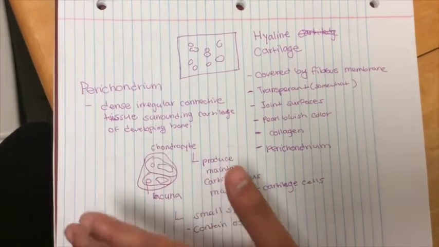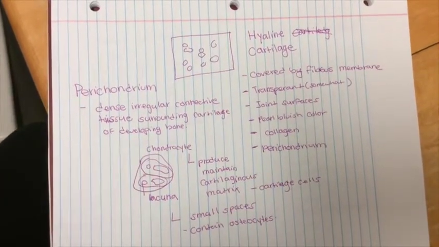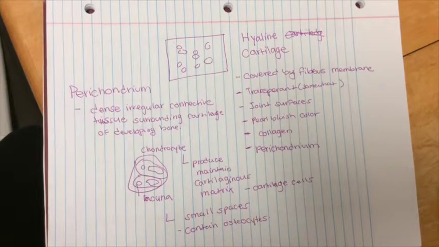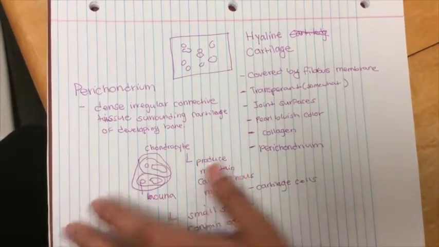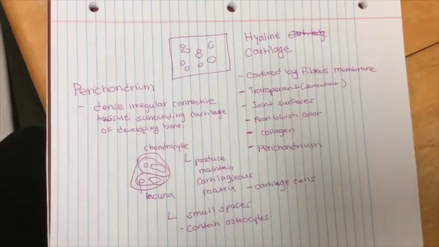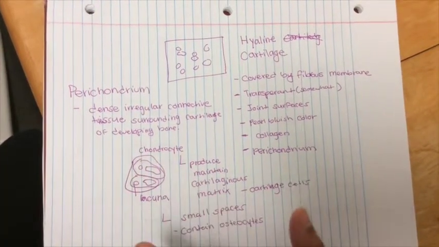And then right here, the perichondrium is going to be dense, irregular tissue surrounding the cartilage of the developing bone. And then we'll have the chondrocytes and the lacunae.